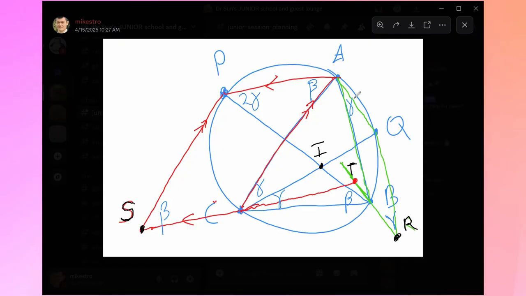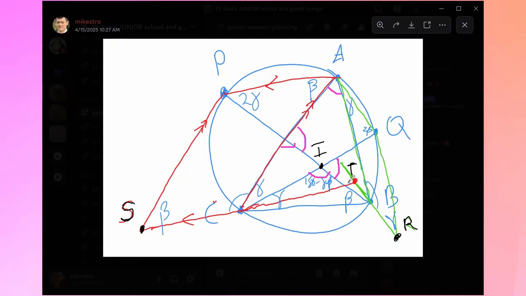That's 5. This might be counted as 2 beta. That's 6. And then if you count these ones here, it's 180 minus gamma, 180 minus gamma. That's like 8. So Audrey marked in this was 180 minus gamma minus beta, right?